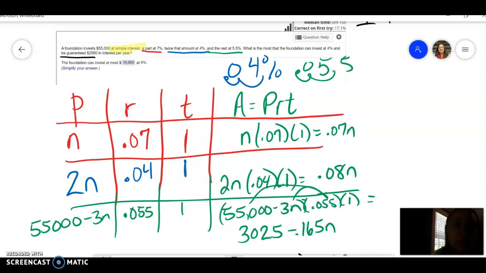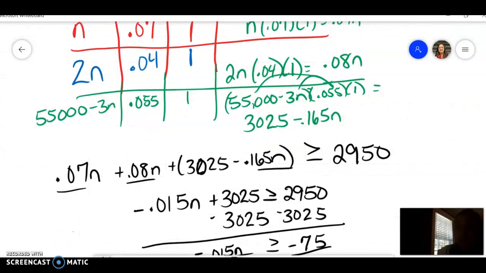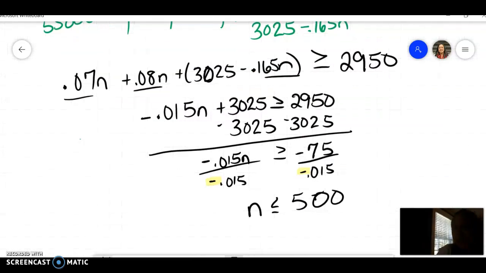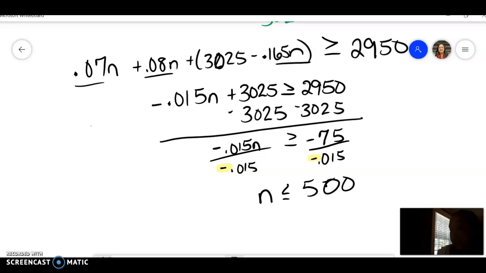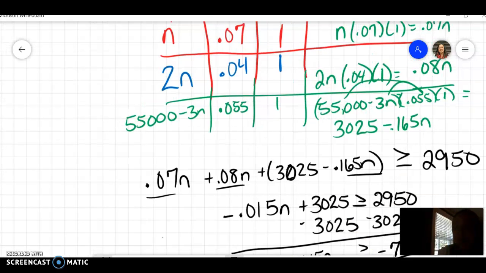So it says the foundation can invest at most how much at 4%? Well, at most can be invested if n is 500, n has to be less than or equal to 500.